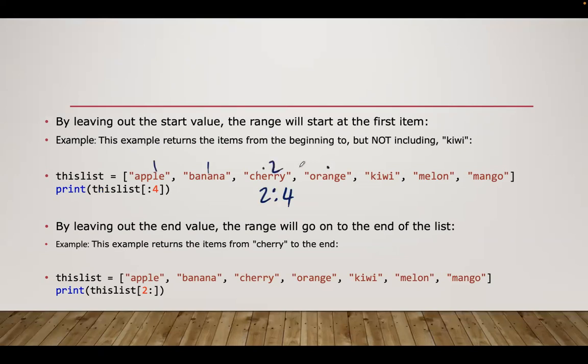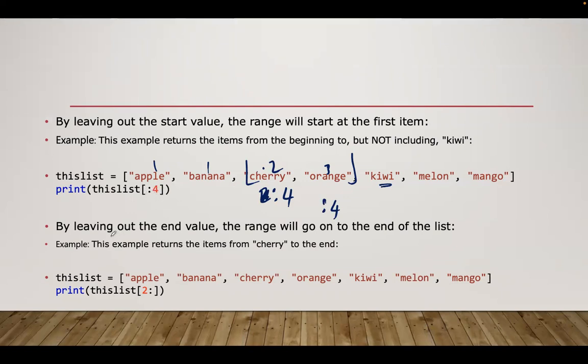This is 2, this is 3, and it's going to print only these 2 for you. It's not going to print Kiwi. But when you remove this 2 and leave only colon 4, it sees that you should start from the beginning and count to number 4. So it's going to print apple, banana, cherry, orange, and it's going to stop at kiwi. This is what we call leaving the start open.